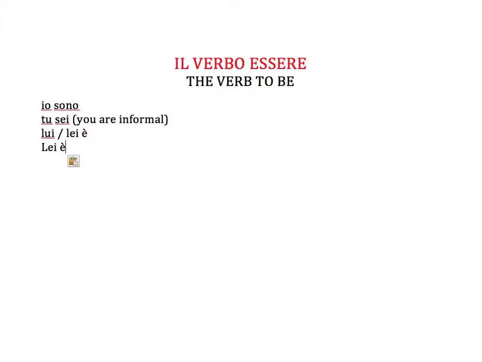Lei è. Now, you see we have the same form. Yes, we still have è, but in this case, Lei with a capital letter, at least when you write, you have to use a capital letter to mark the difference between lei è, she is, and Lei è, you are formal.